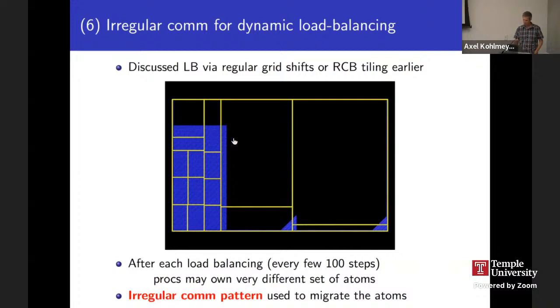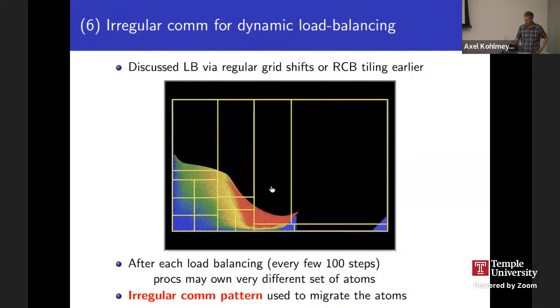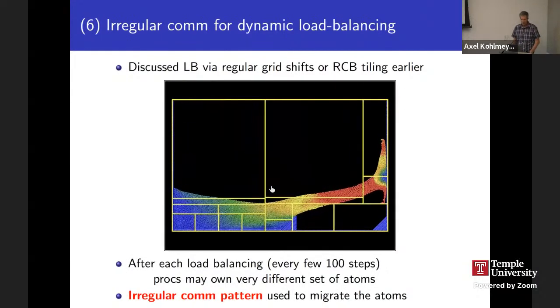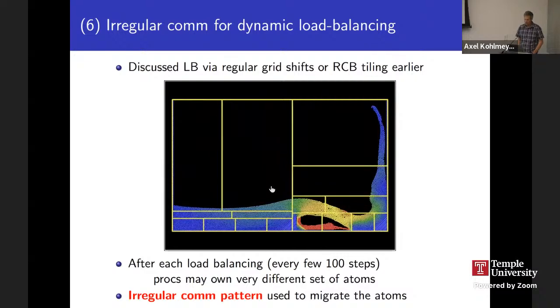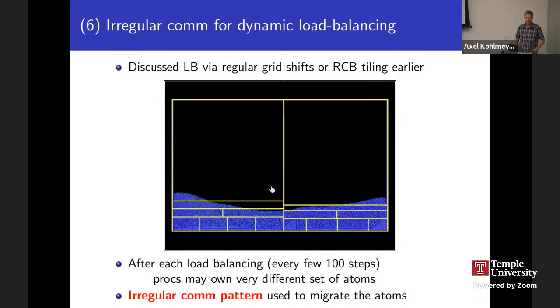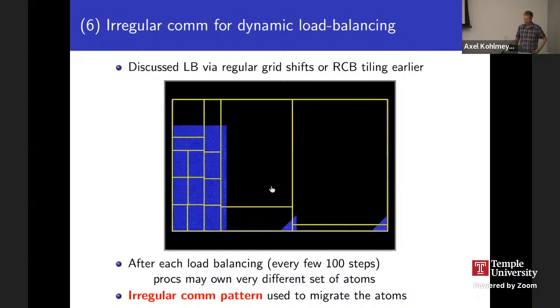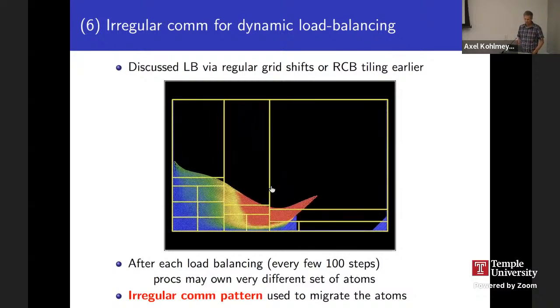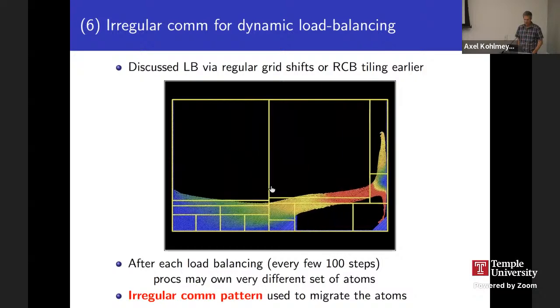My point here is that after each load balancing, which might be invoked every 100 or 200 steps in the simulation, one of these irregular communications is always invoked. So as I run this simulation, you'll see that load balancing is invoked hundreds or 1,000 times. And each one of those is using that irregular communication to make sure atoms get where they need to.